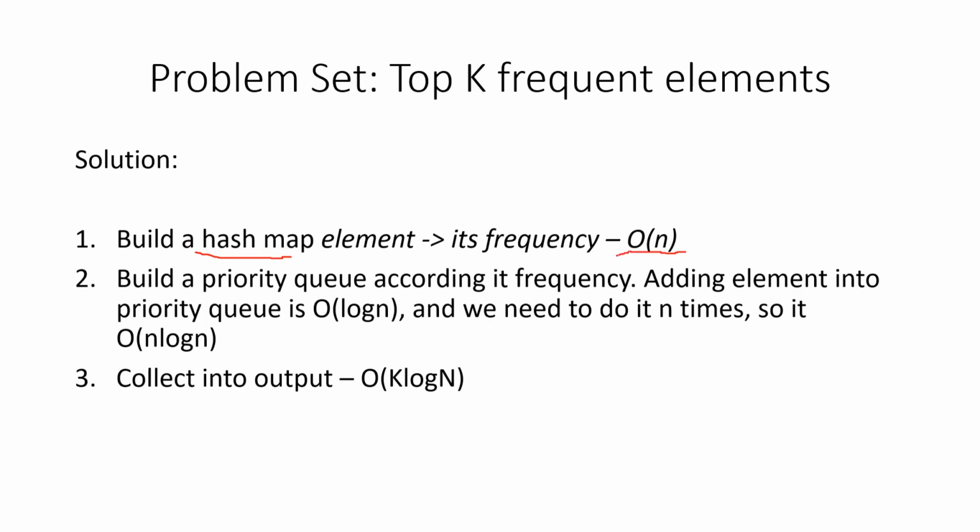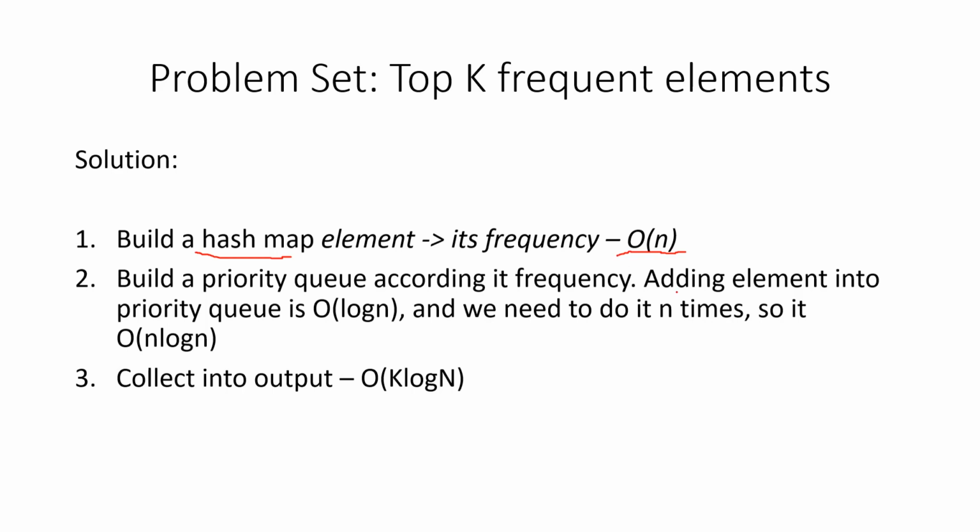We just go through the array, and whenever we meet an element, we add one more to the value. After that, the hash map helps us know how many times each element repeats, but we don't know which one is the most repeated, which one is the most frequent element.